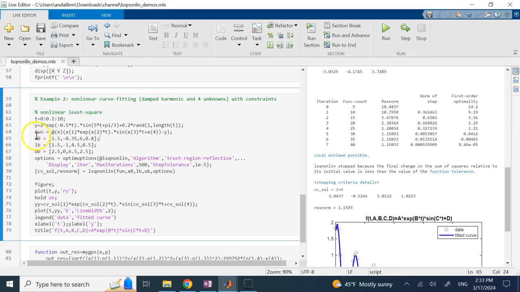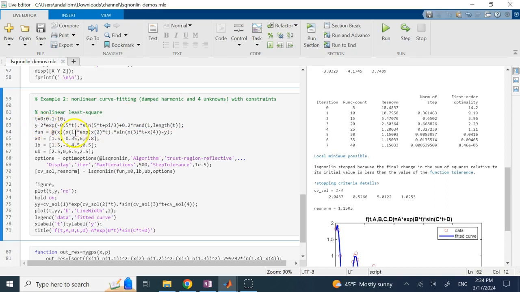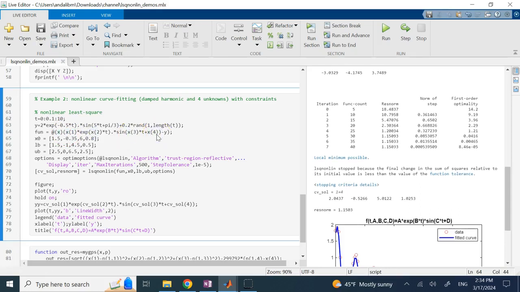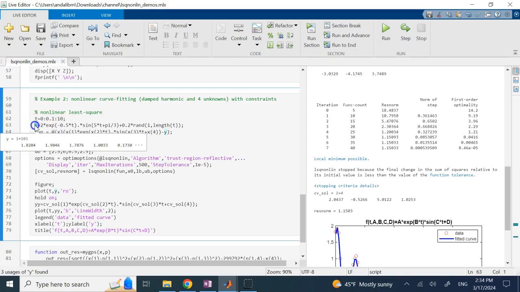Now, if you look at my function, it takes the exact same shape as my actual function, of course. So I know the shape of it, I just don't know these parameters, x of 1, x of 2, x of 3, and x of 4. If I plug in the correct vector x, it should generate the corresponding value y, which I have generated, my sensor measurements.